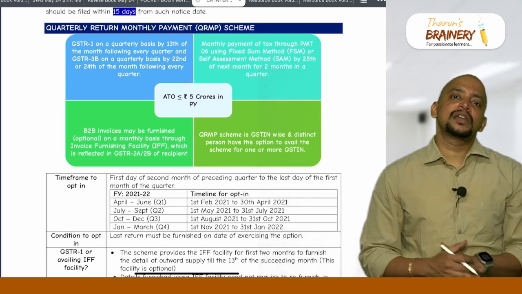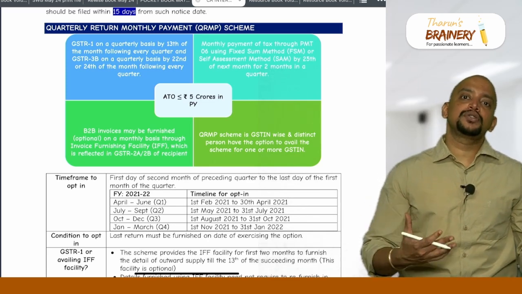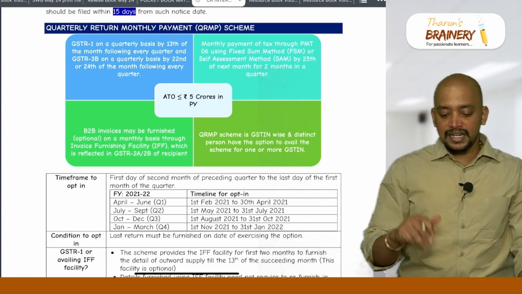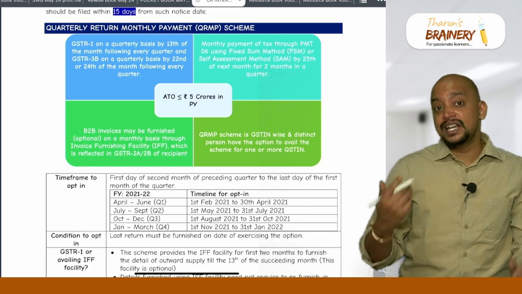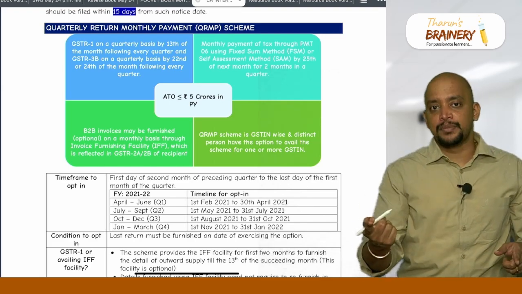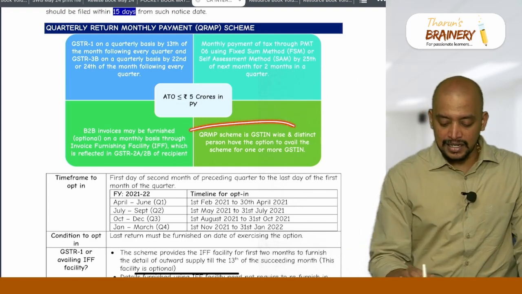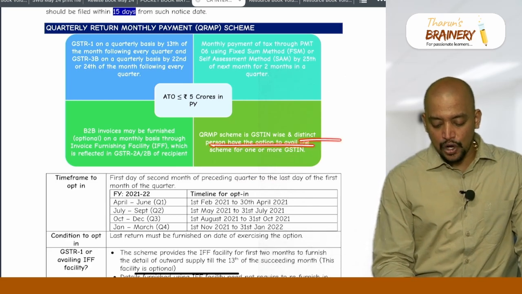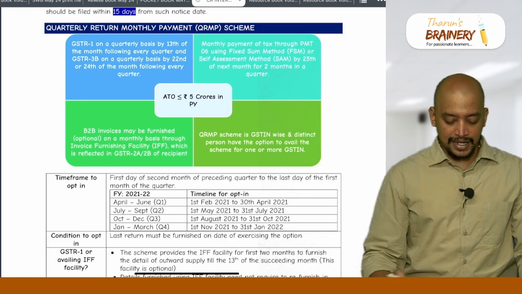In the composition scheme we have studied, it is all in, all out: all registrations will be in the composition scheme or all will be out, correct? But in case of QRMP it is not like that. For each registration I can decide whether to go for QRMP or monthly returns. So QRMP is GSTIN wise, and a distinct person has the option to avail the scheme for one or more GSTIN.